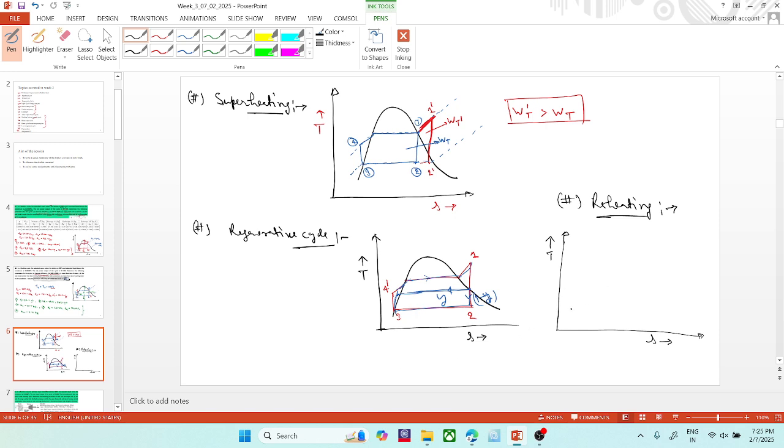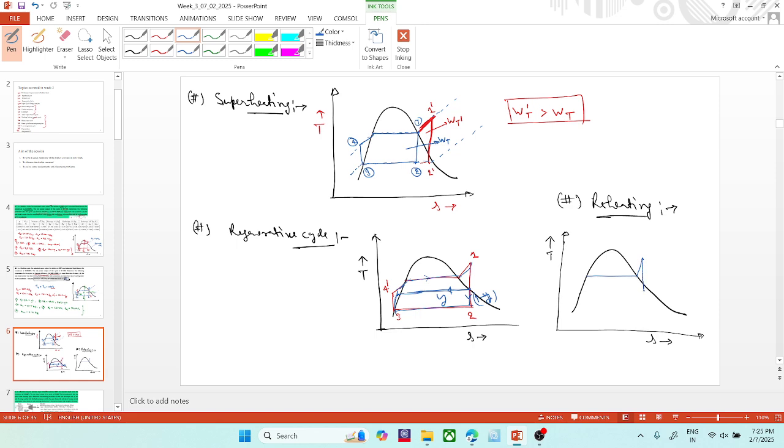We will solve some problems on this, and then we will get the exact idea about a reheat cycle. Okay, I will draw only the cycle here, not the different components. So how does a reheat cycle look?